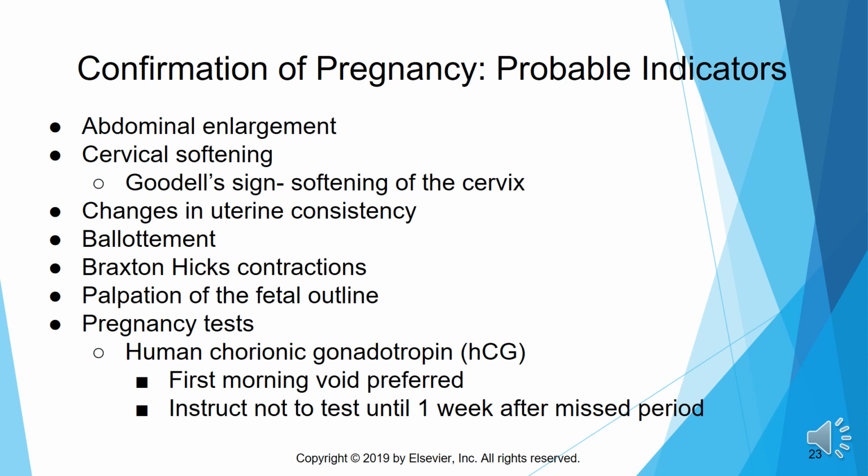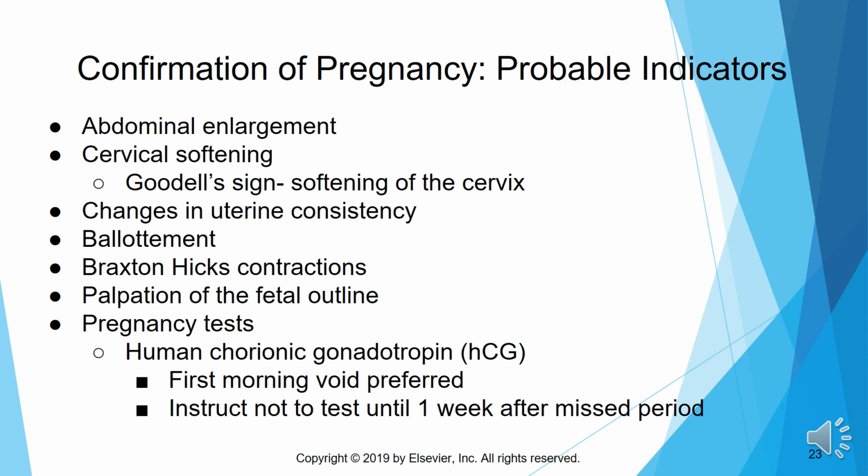So that would have to be palpated by yourself or a physician to see if you had a softening of the cervix. Changes in uterine consistency. So obviously a pregnant uterus is different than an unpregnant uterus, and you can probably palpate a pregnant uterus a little bit easier.